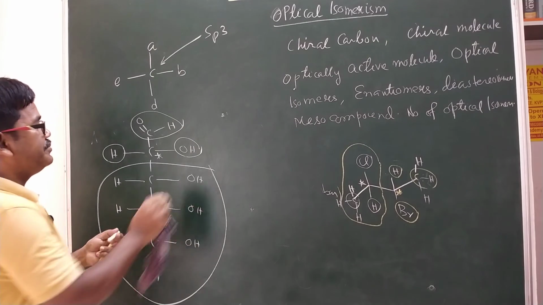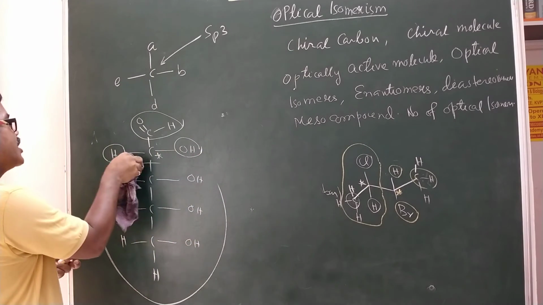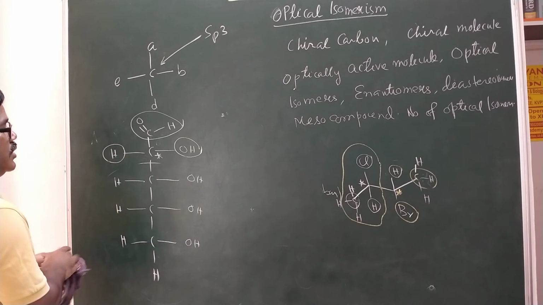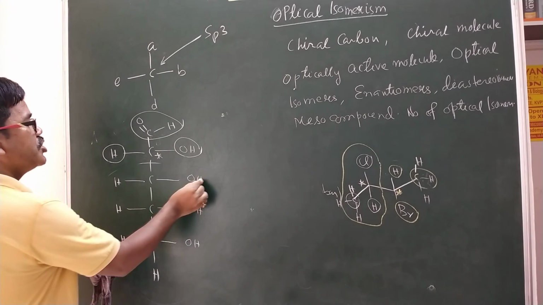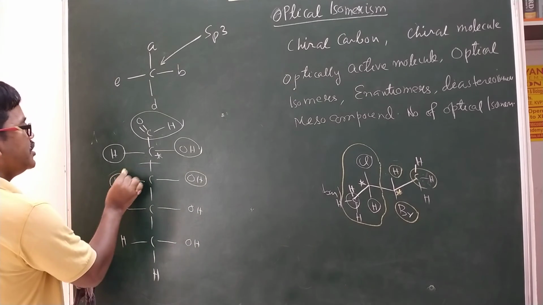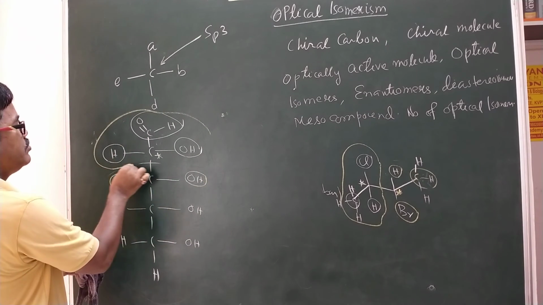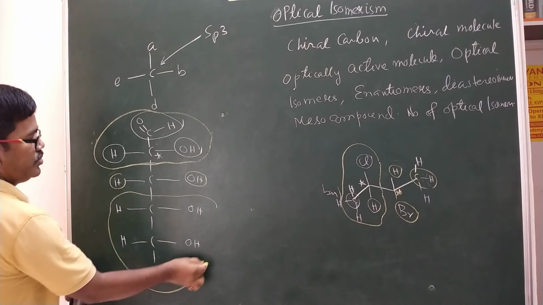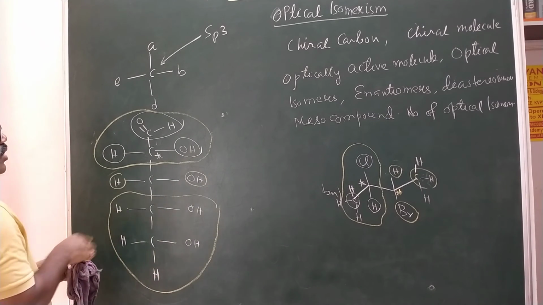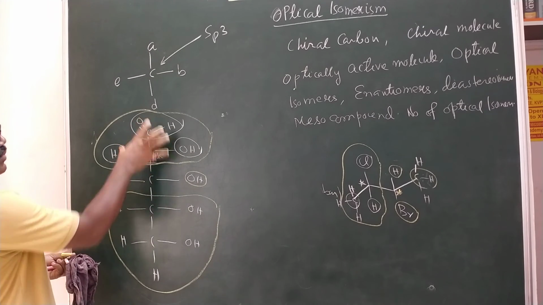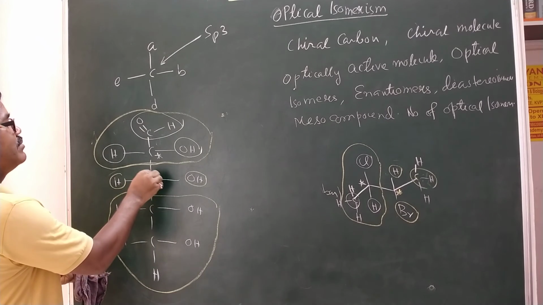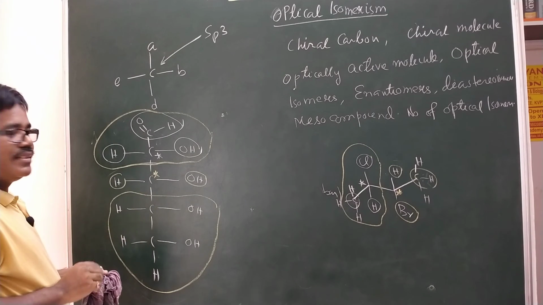Next, come to the next carbon. For the next carbon, this is OH, this is H, this as a whole is a group, and this as a whole is a group. For this carbon, one is OH, one is H, one this group, another this group. All groups are different. Therefore, this is also a chiral carbon. Clear?